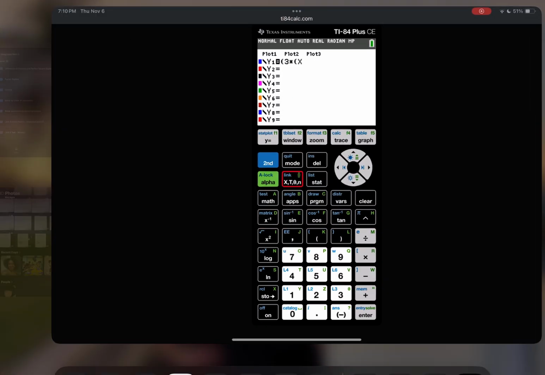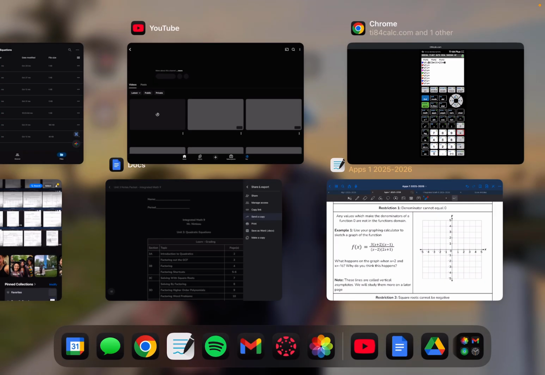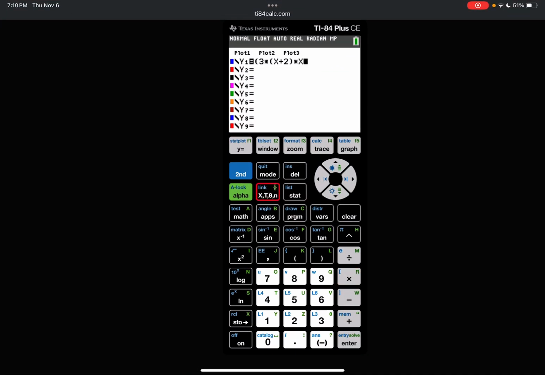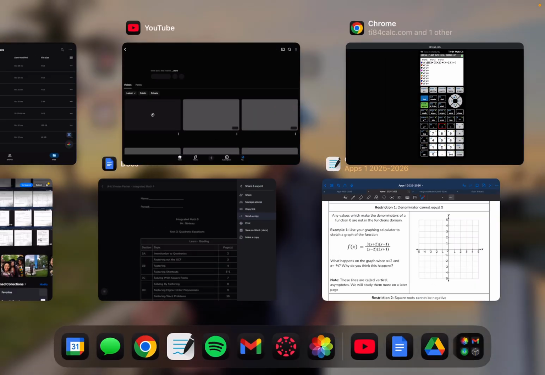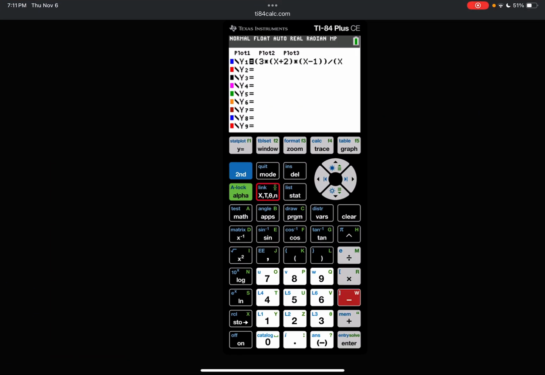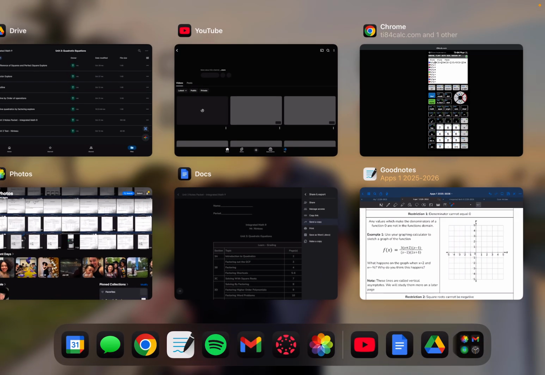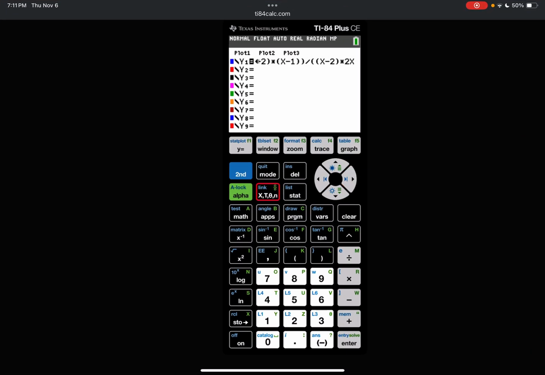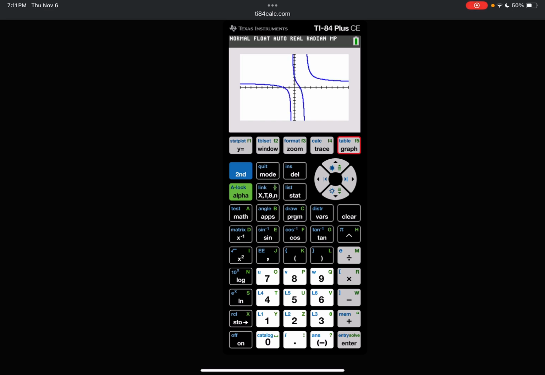So that is (x plus 2) times (x minus 1), and then parentheses to close the numerator, divided by, and then in the denominator, we have (x minus 2) times (2x plus 1). And then if we hit graph, this is what it looks like.